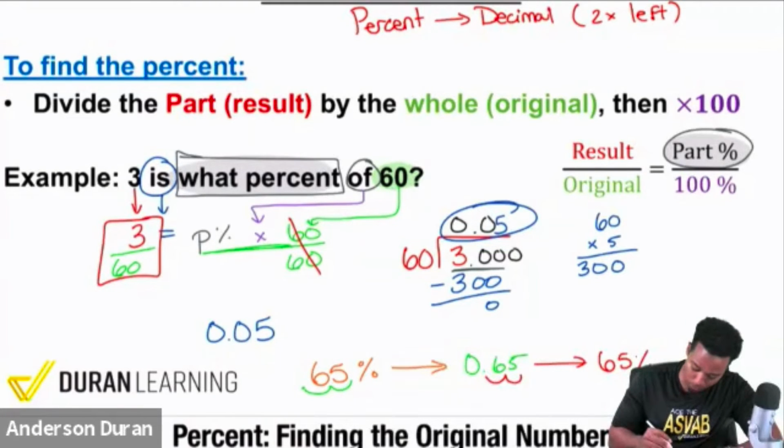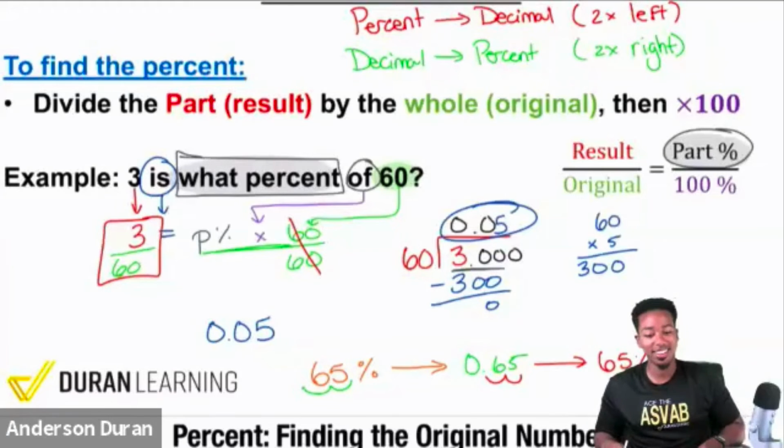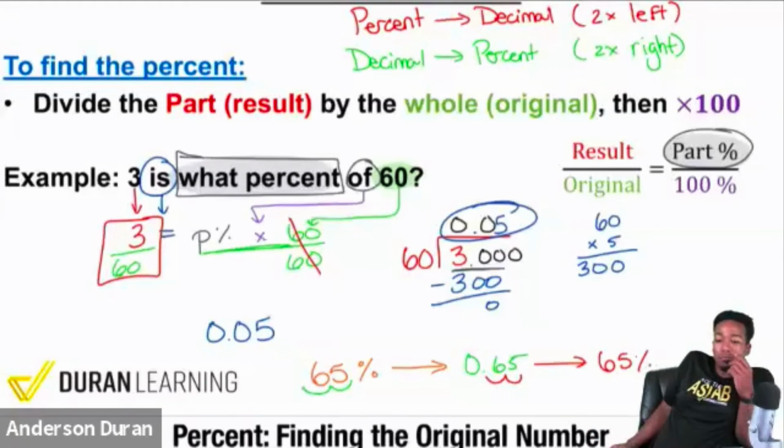And from decimal back to a percent, it's going to be 2 times to the right. Got to make sure we have that down. Again, percent to decimal, 2 times to the left, decimal to percent, 2 times to the right.